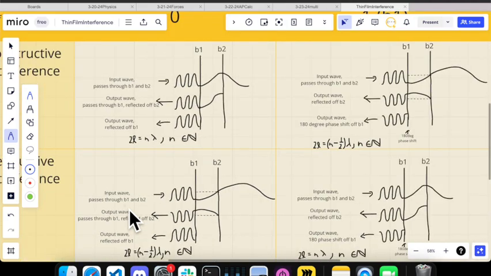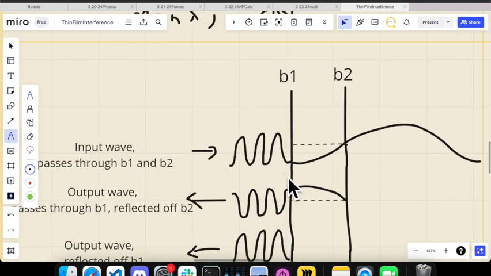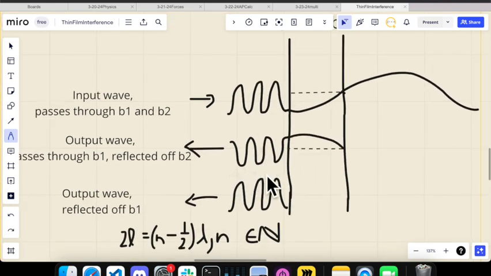All right. So now let's think about when it destructively interferes, right? So maybe the best way to start off is to think about the result we want. So we get this input wave, and we know the output wave will look the same, because we just have reflection.